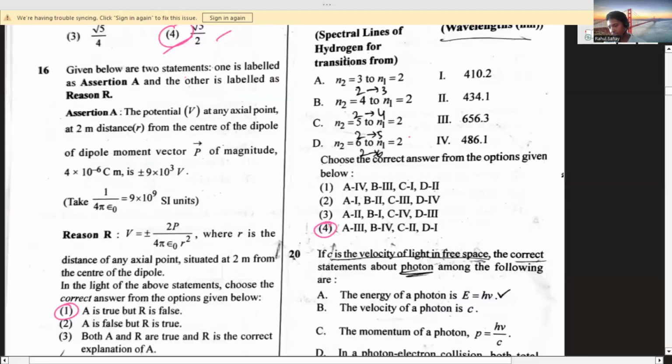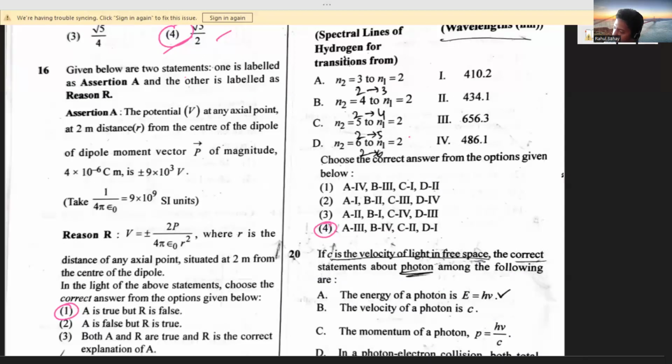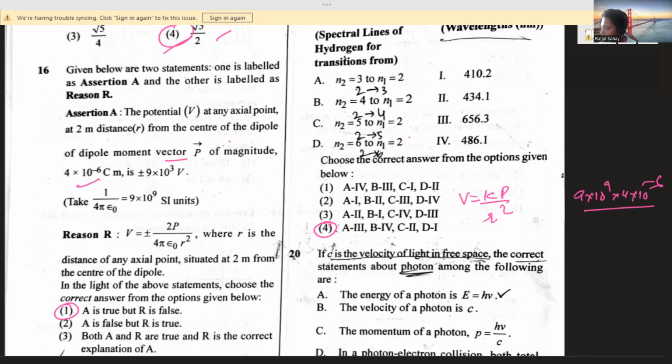Given below are two statements, one is assertion, one is reason. The potential V at an axial point at distance 2 from the center, we can use V is equal to kp by r square, and you will get the answer. The dipole moment is 4, so 9 into 10 to the power 9 into 4 into 10 to the power minus 6 by r square. The 4 gets cancelled.